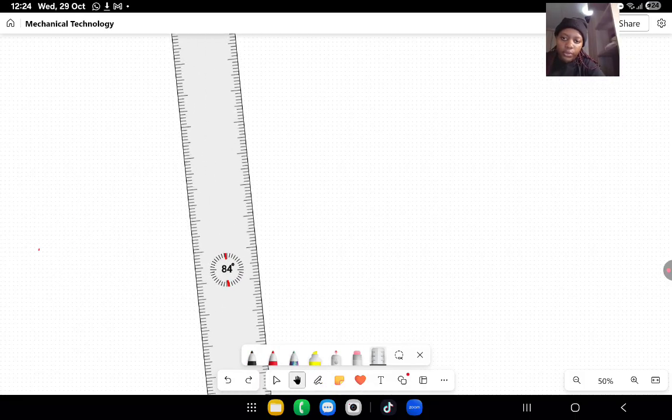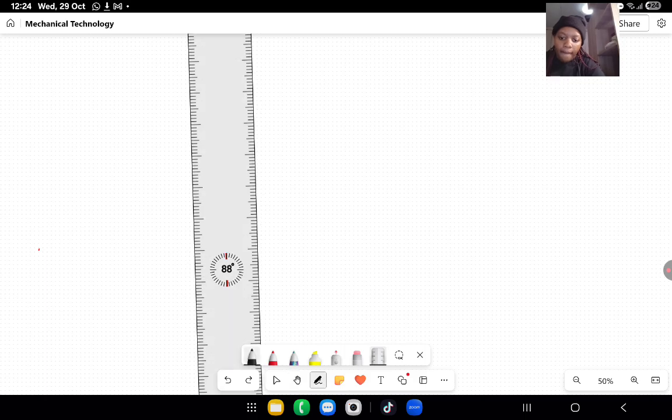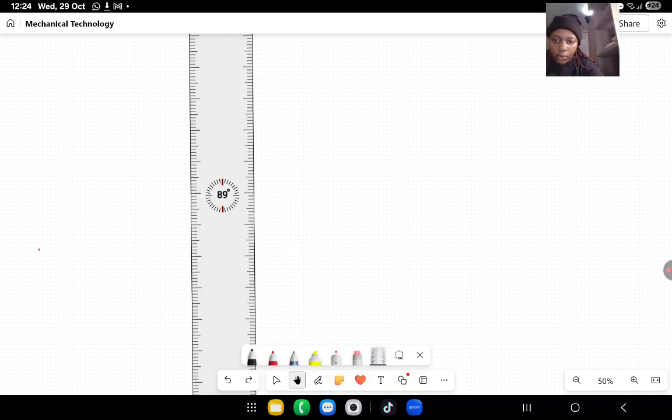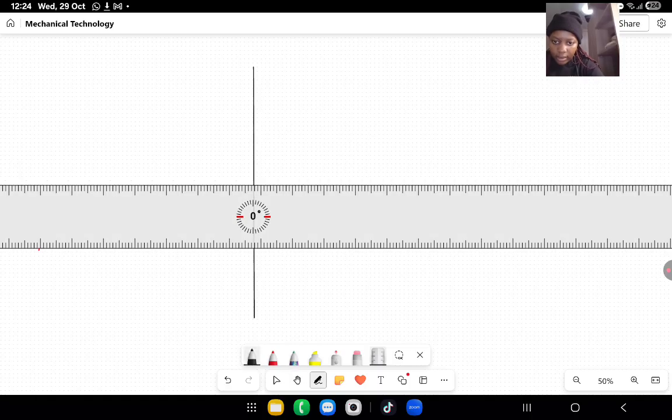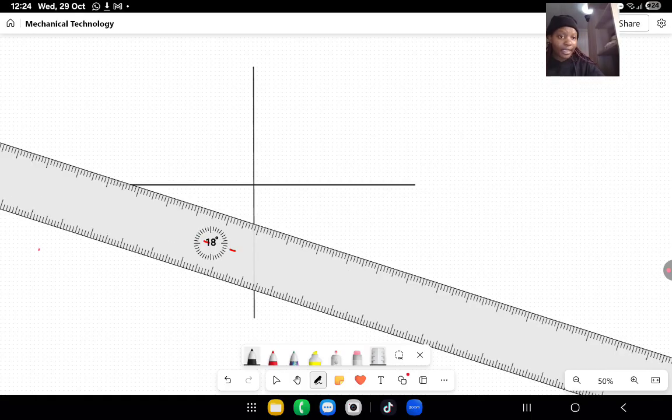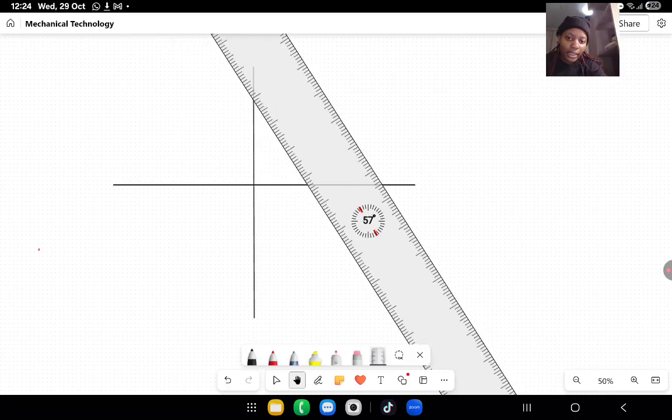So we'll be having our y-axis. Let me put this ruler straight. We'll be having our y-axis, then our x-axis, then our triangle. So now our triangle will go like this.